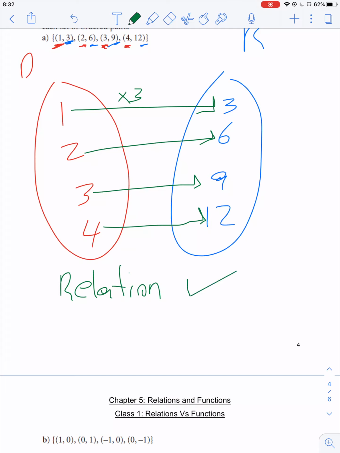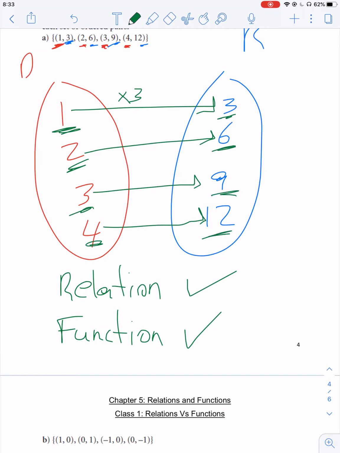As long as you have arrows associating one element from one set to the elements in the other set, it will always be a relation. But not all relations are functions. So is this a function? Yes, because each element in your domain is associated to exactly one element in your range. Exactly one, not more than one.